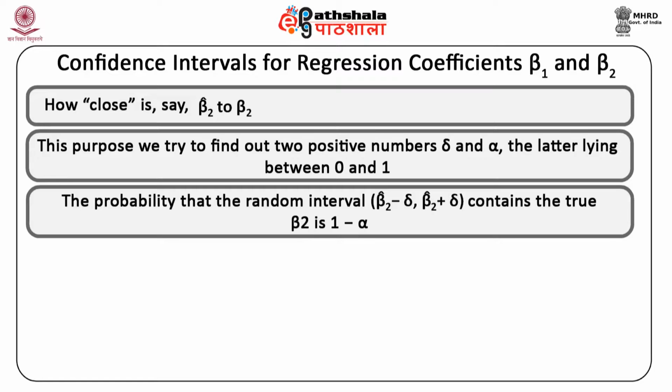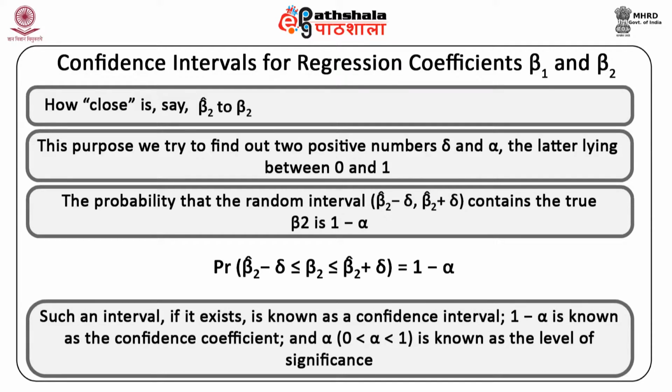Symbolically, this can be written as the probability that beta 2 is greater than or equal to beta 2 hat minus delta and less than or equal to beta 2 hat plus delta is equal to 1 minus alpha.